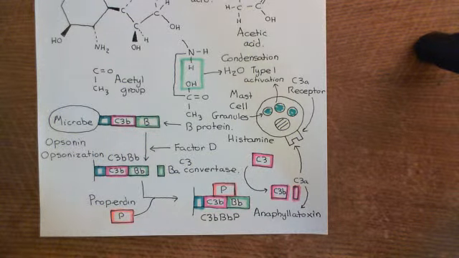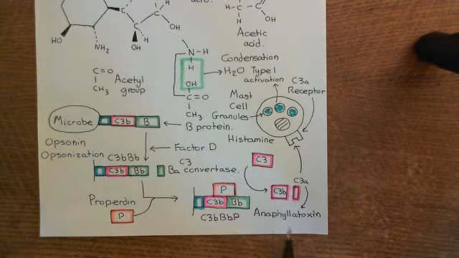That's the difference between an inflammatory response that's local and the disseminated inflammatory response that you have in anaphylactic shock. In anaphylactic shock, it's all over the body. This is a local thing where the microbe is. You want the inflammatory response to occur where the microbe is. It's going to help kill the microbe. So C3A is a good thing here.